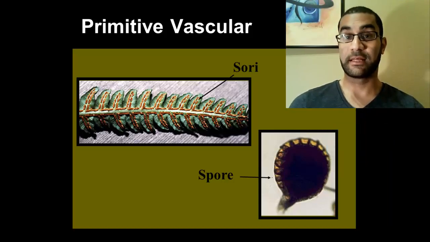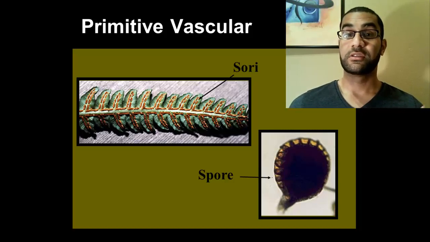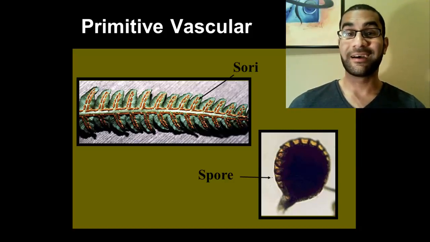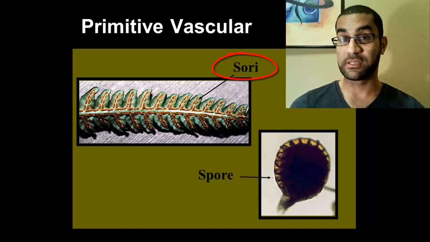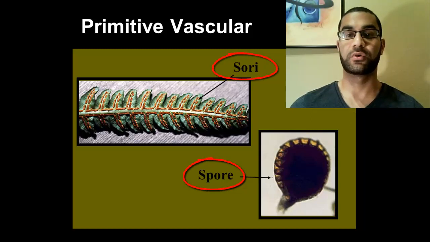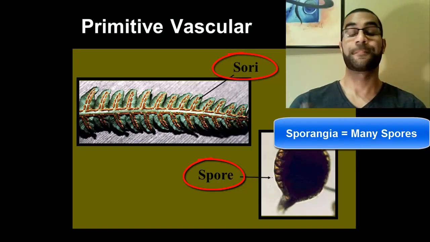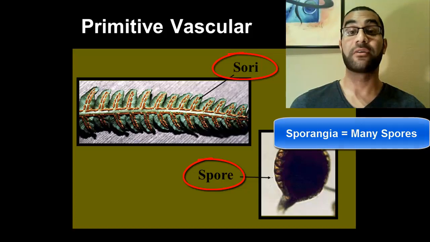These categories of plants, even though they're vascular, so they can be much larger and live in environments that aren't so focused on water, they still are tied very strongly to water because instead of seeds, they have something called sori, like you see there, or spores, or if you ever hear the word sporangia, all of those refer to these little tiny seed-like structures on the back side of their leaves that actually is how they reproduce.